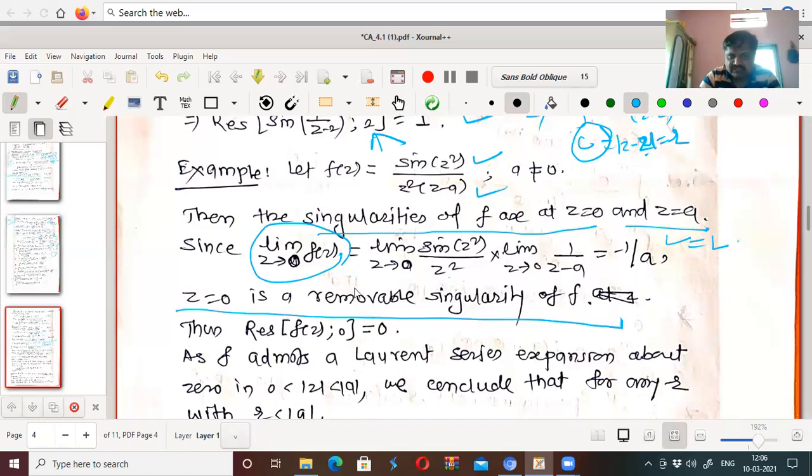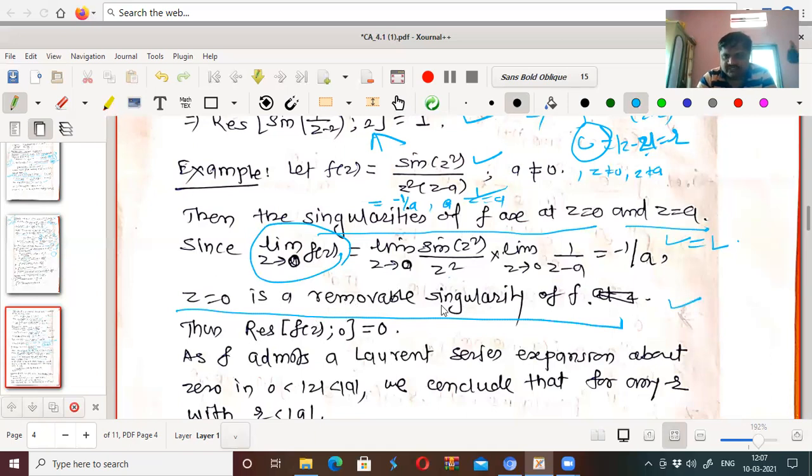How can you remove this singularity? By redefining the function. That means f is equal to minus 1 upon a for z equal to 0, and this is for z not equal to 0 and z not equal to a. So z equal to 0 is the removable singularity of f.